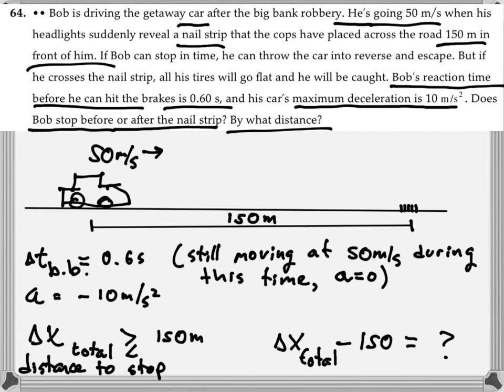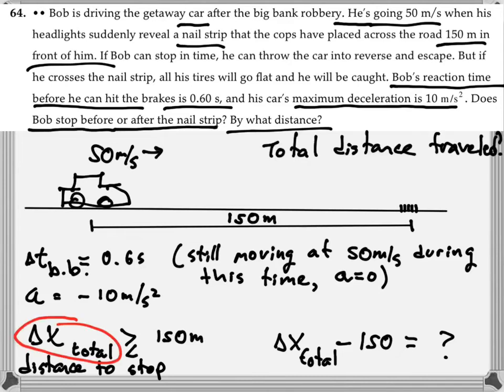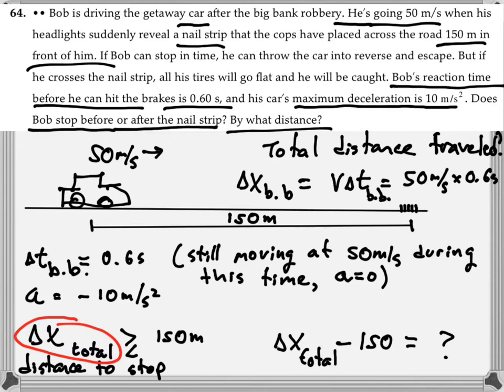Again, we're focusing on calculating the total distance traveled by Bob from the moment Bob sees the nail strip to the moment the car has stopped. Now, the first thing to realize here is that the motion of the car moves in two different ways. For the first 0.6 seconds, the car has constant velocity because he hasn't stepped on the brakes yet.